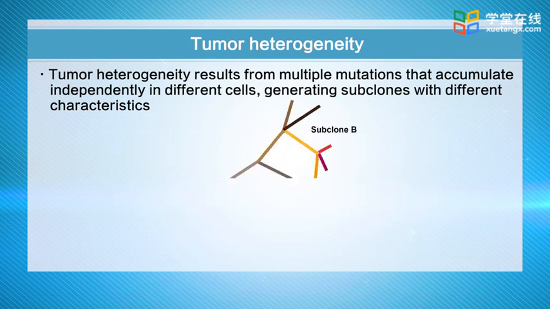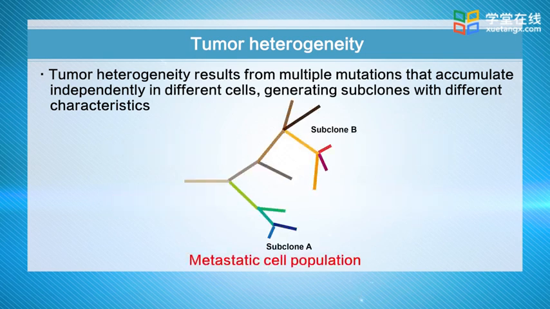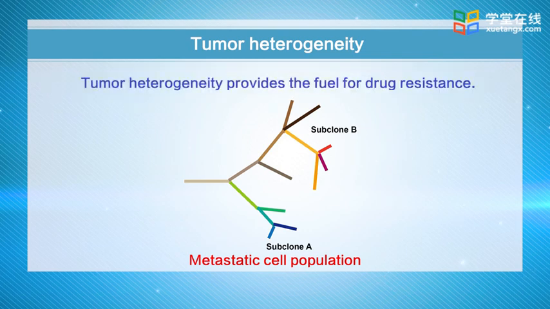Therefore, the tumor bulk might include a diverse subgroup of cells having distinct molecular signatures with different levels of sensitivity to treatment. Tumor heterogeneity provides the ground for drug resistance.